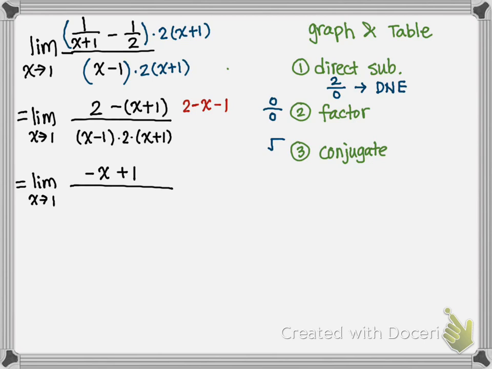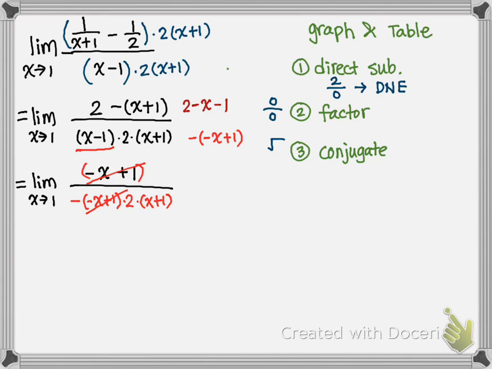So we might need to do a change in the bottom. So x minus 1 is the same as negative x plus 1. So you factor out a negative sign. So then in the bottom you get minus x plus 1 times 2 times x plus 1. Then you will see the cancellation that you want.